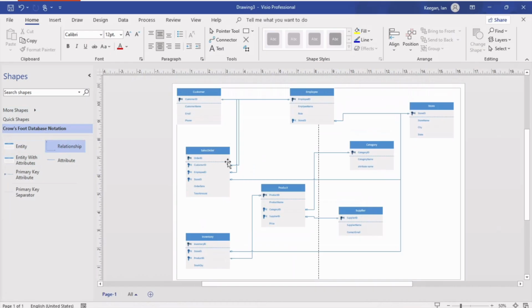And then the store table here is connected to the sales order over here, connecting the store ID, primary and foreign keys. It's saying that orders are placed at stores, and a store can have many orders.